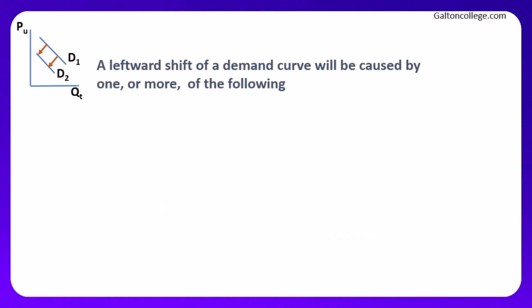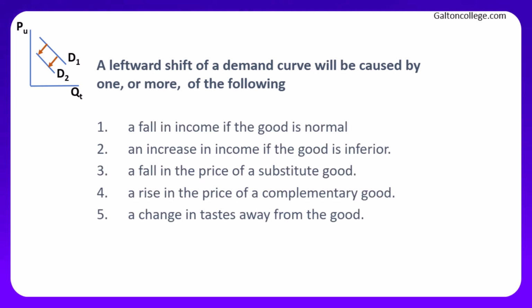We can have a leftward shift of the curve. A leftward shift of the curve will be caused by one or more of the following. So, for example, a fall in income if the good is normal. If it's a normal good and we suddenly have less income, we will buy less. A fall in the price of a substitute good.